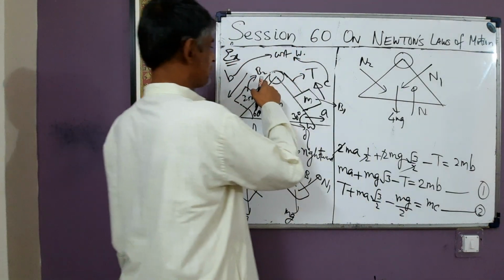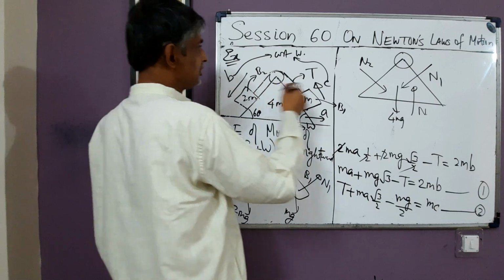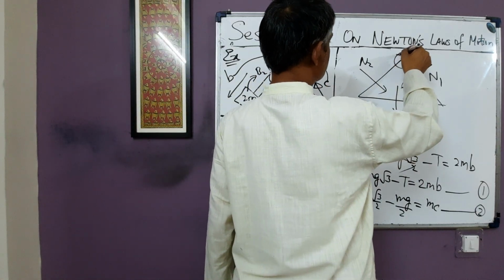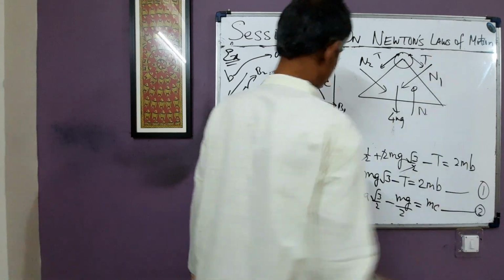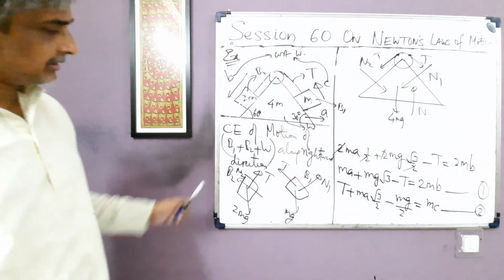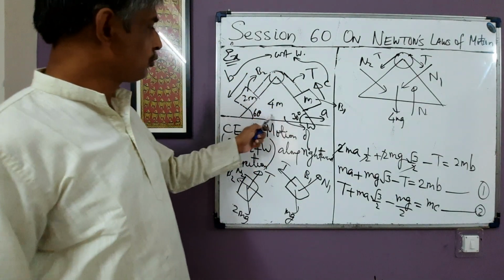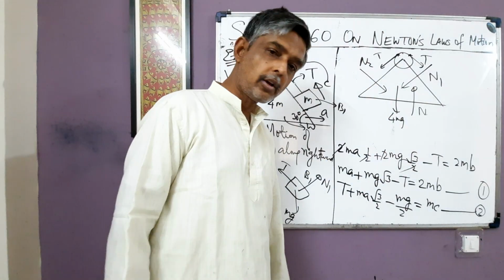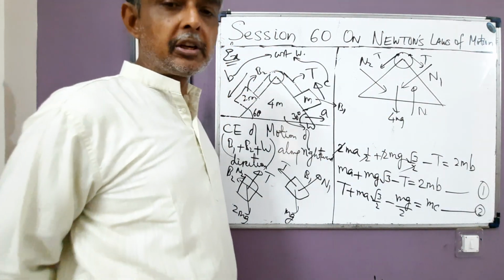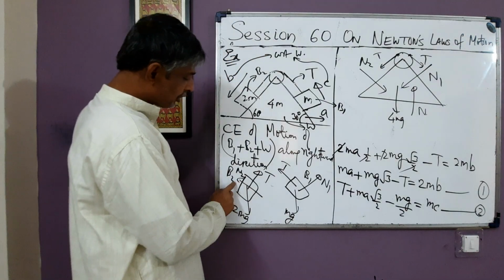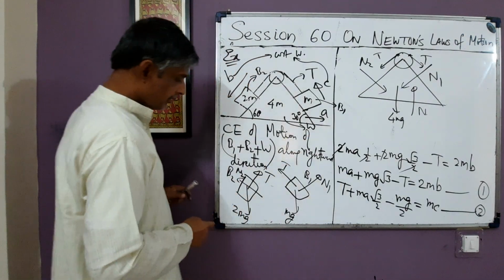And one more thing, this string which has a tension T effectively acts at two points of the pulley only, one this way T and one this way T. So these are the respective three free bodies of M, 2M and 4M with respect to ground. Now we know that in combined equation only external forces appear, no internal forces. Now when we draw this FBD, what are the internal forces?